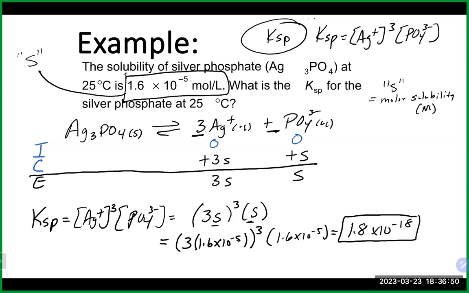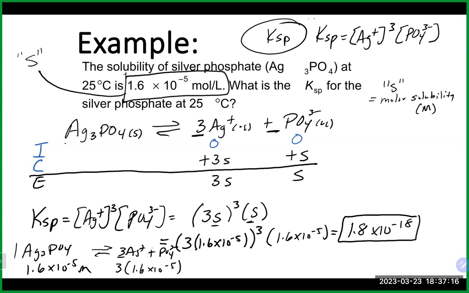In this particular case, if you understood that the concentration of the silver phosphate was 1.6 times 10 to the minus 5 molar, and the 3 silvers and the 1 phosphate over here have a 1 to 3 relationship, you take 3 times 1.6 times 10 to the minus 5, and that is a 1 to 1 relationship between those guys, which means it's 1.6 times 10 to the minus 5. That is essentially what we just did here.